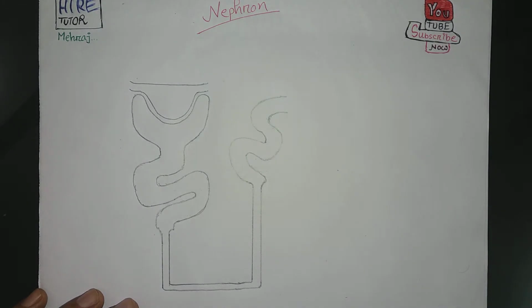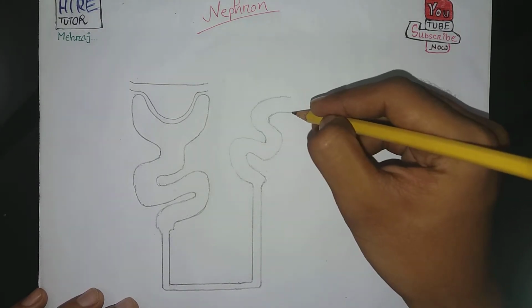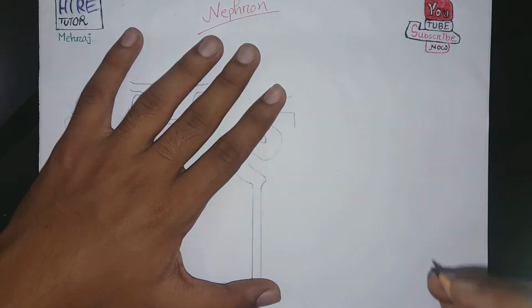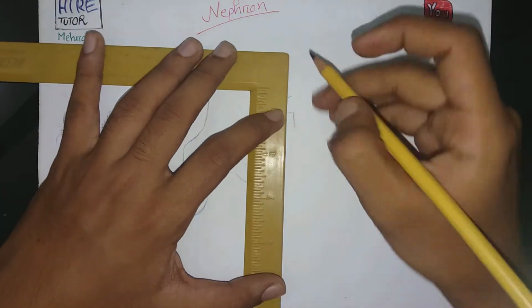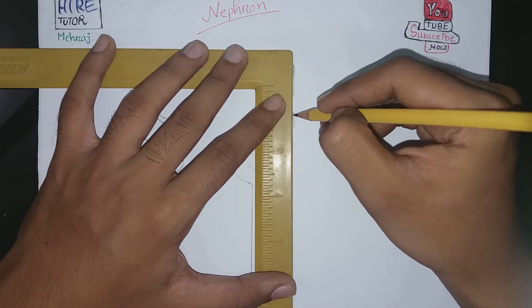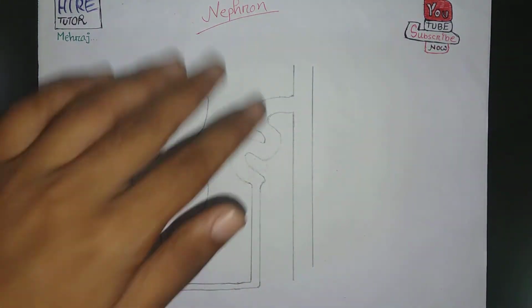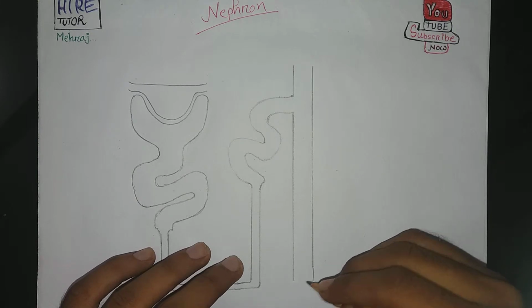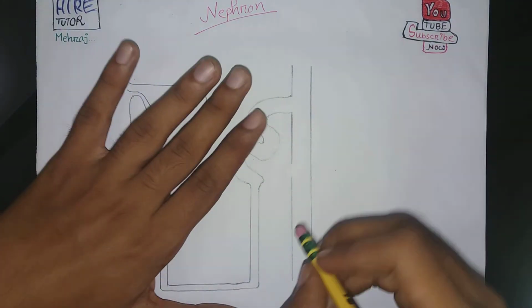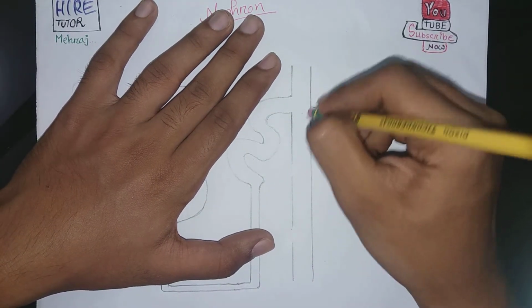So now what we will draw is the collecting duct, which will join the DCT. To draw this, you just have to do the same. At first give a line and a parallel line just like that. Then erase some part of that easily.